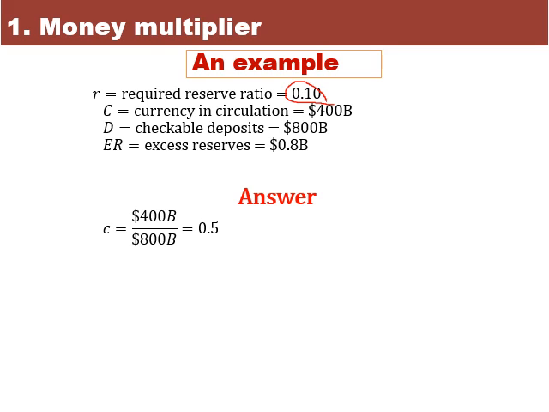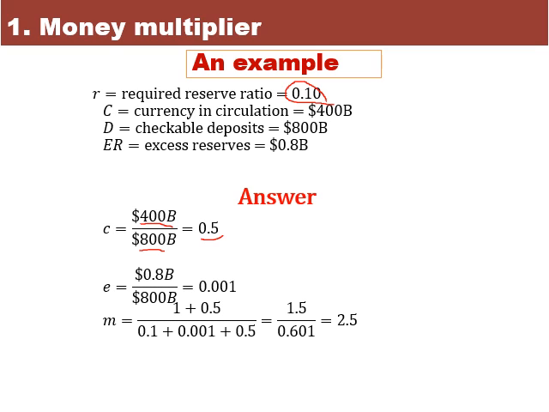Let's start with computing the currency ratio, which equals the amount of currency divided by the amount of deposits. Currency equals 400, divided by 800, so the currency ratio equals 0.5. Then the excess reserve ratio is the amount of excess reserves divided by the amount of checkable deposits. Here it's 0.8 divided by 800, so it's 0.001.